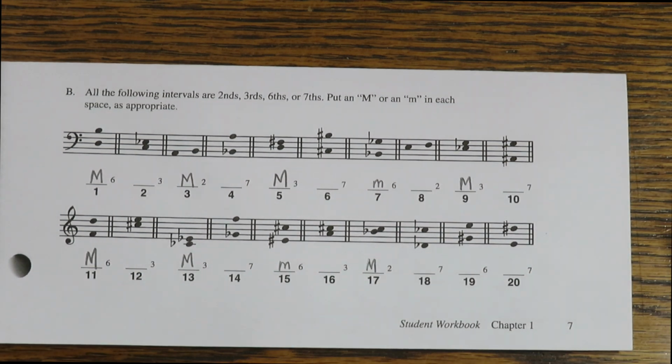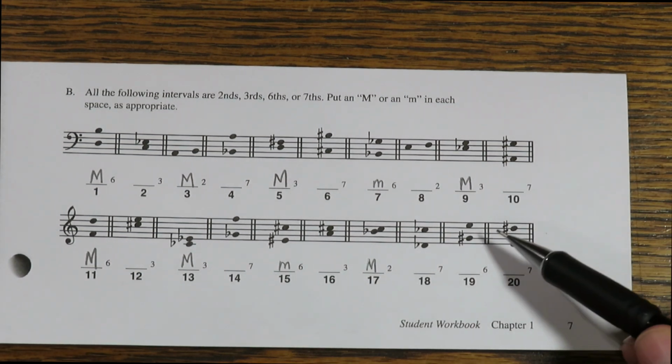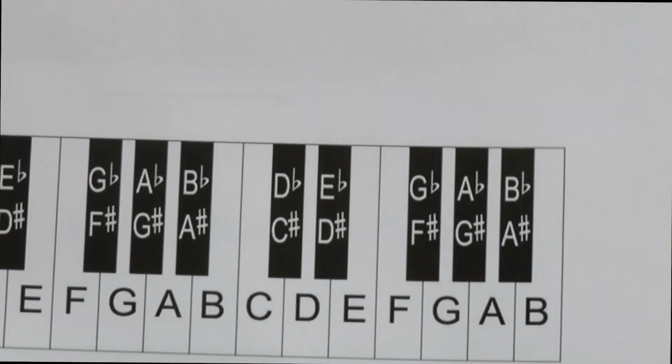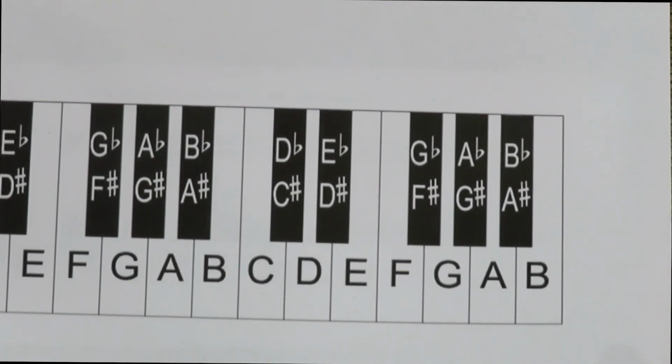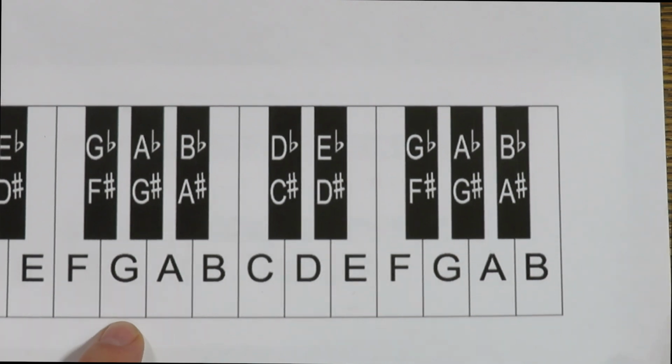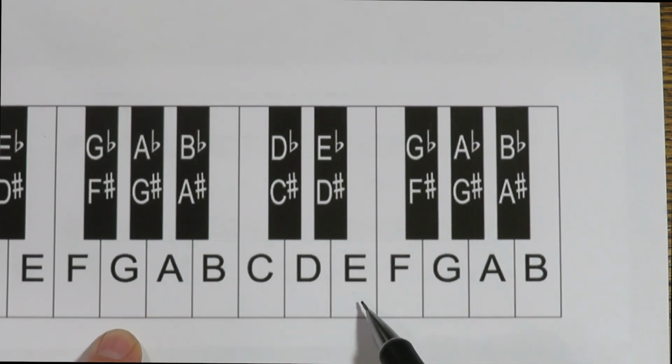Okay. And the last one, G sharp to E. So let's remove that G sharp for a second, bring it back down to G. To E. So you know, G to E, all these notes are in the major scale, right?